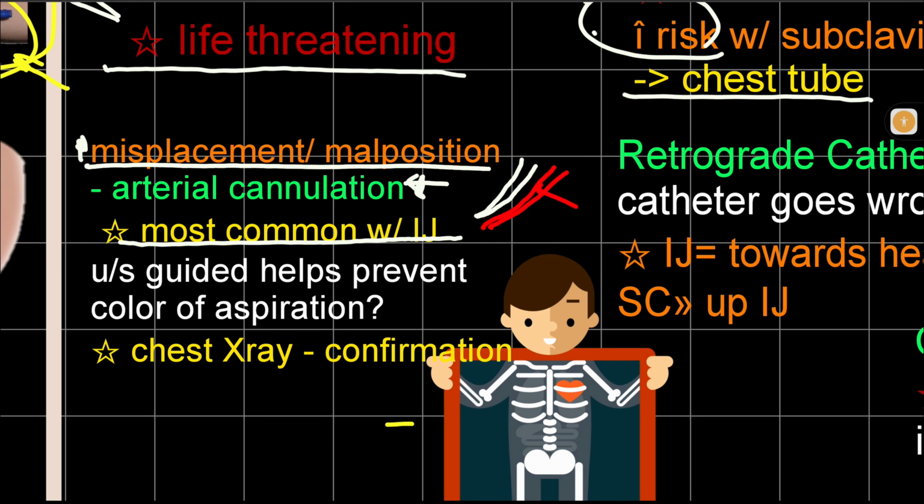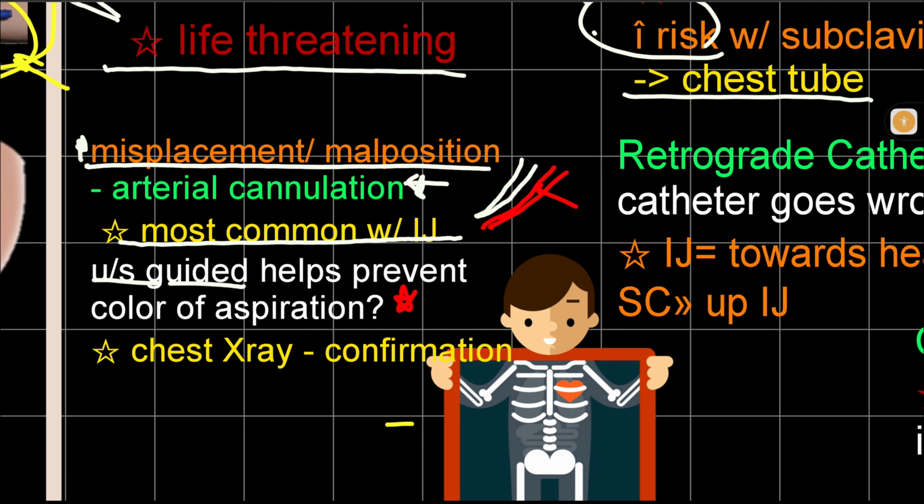Now, there is a solution on how we are going to prevent misplacement, and this is through ultrasound-guided insertion. This helps prevent arterial cannulation and makes sure that you are puncturing the vein and not the artery. Now, you can also use color of aspiration.